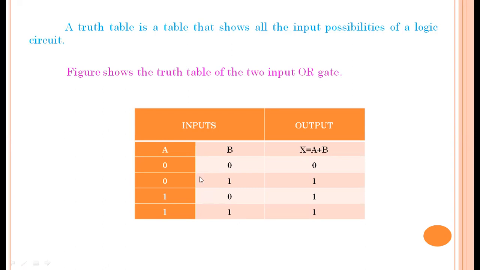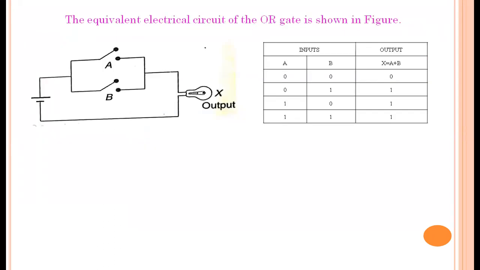For the OR gate, the output X is equal to A plus B. So 0 plus 0 is 0, 0 plus 1 is 1, 1 plus 0 is 1, and 1 plus 1 is 1 here. In mathematics, 1 plus 1 is 2, but in logic gates, 1 is high, and high plus high is always high. This is the truth table of the OR gate.